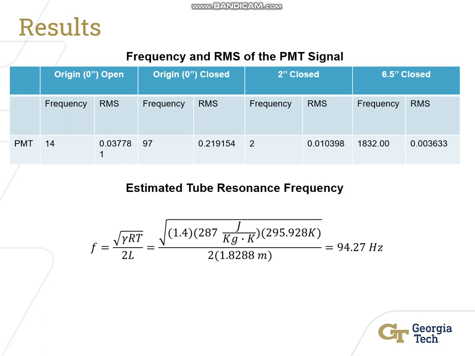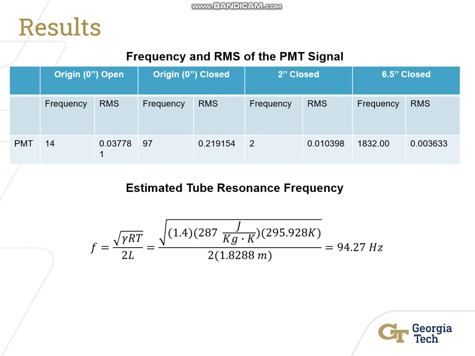The next table is the frequency and RMS of the PMT signal. As you can see, the 4 conditions we tested, and both the frequency and RMS, which were both generated through the computer systems in the data that we collected.